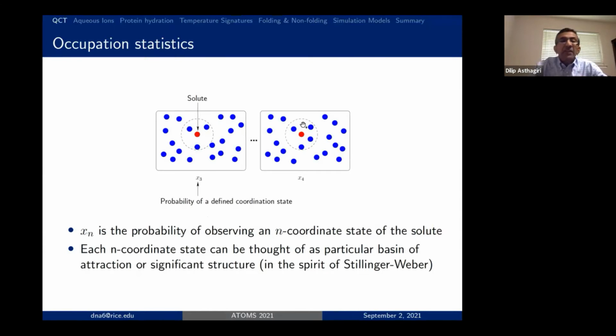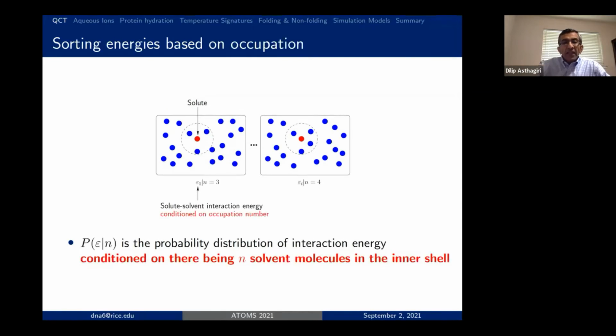So x subscript n is the probability of observing an n coordinate state. And in the spirit of Stillinger-Weber significant structures, you can think of each of these n coordinate states as a particular basin of attraction. But what I'm going to do is try and characterize this probability distribution. And for each of these n coordinate states, I'm going to be able to get a binding energy distribution conditioned on the solute having that particular coordination number.